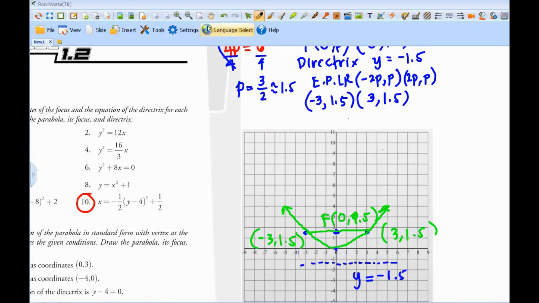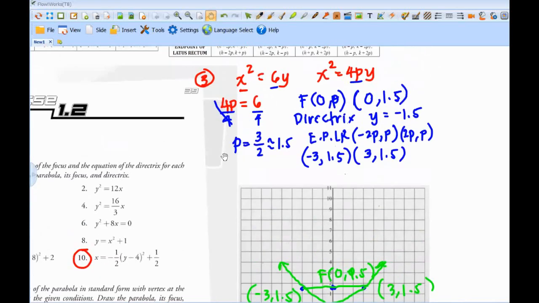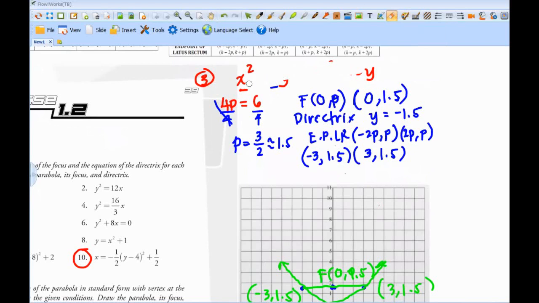Now let's go to number 10. We will erase this again.